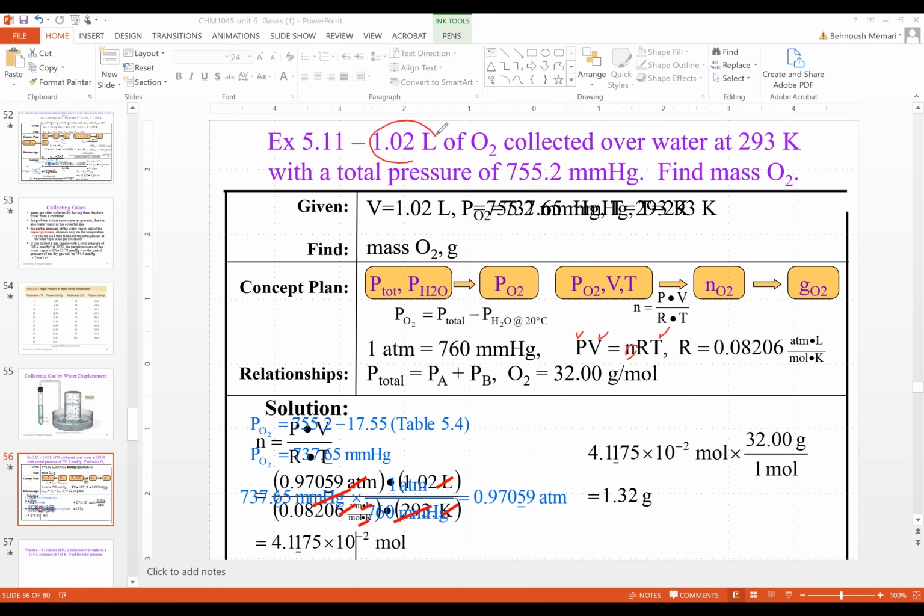Volume is already given in this problem. The total pressure is given.